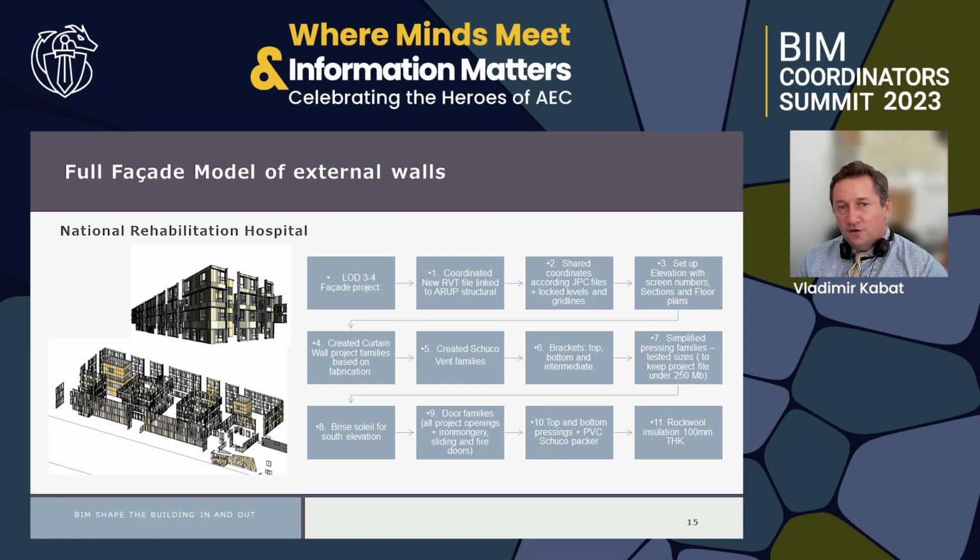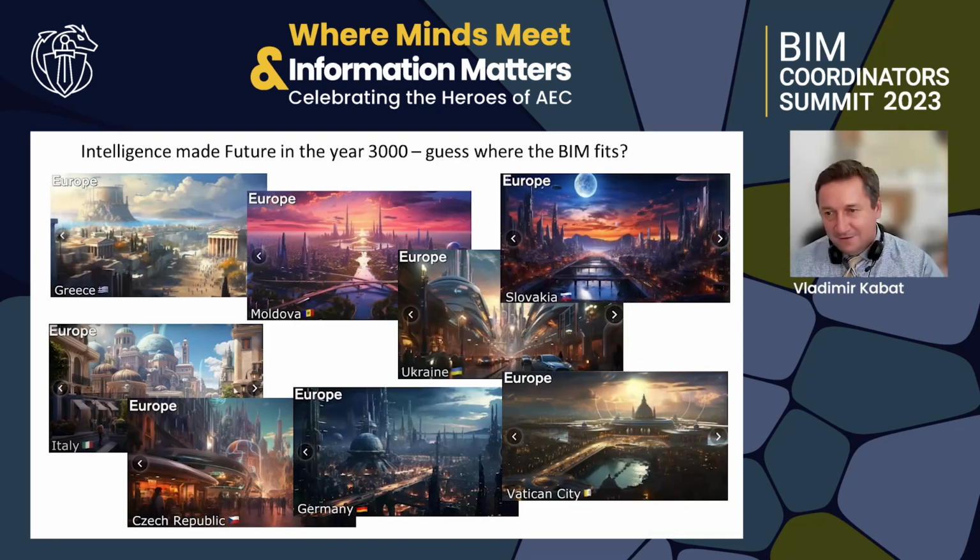An intelligence made a future in the year 3000, and guess where the BIM is. You can see interesting pictures. They are made like it's a gaming world. You can see mostly Europe, like Czech Republic, Slovakia, Germany. You can see the Vatican City.